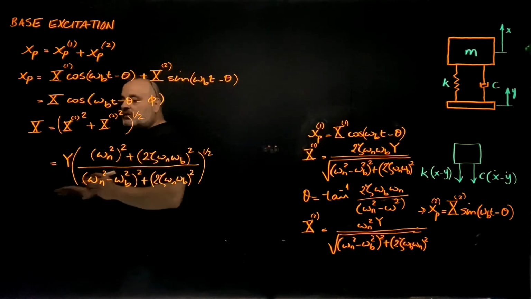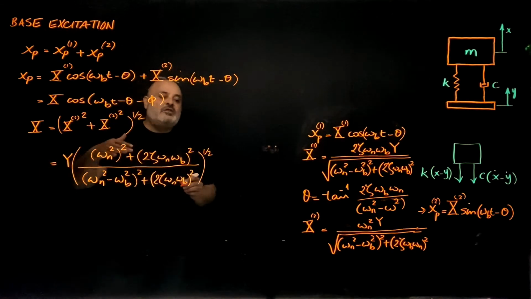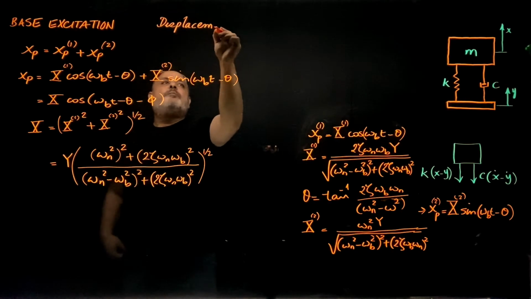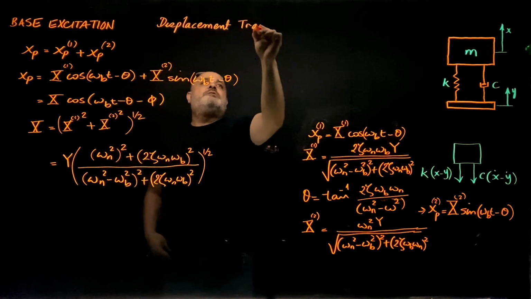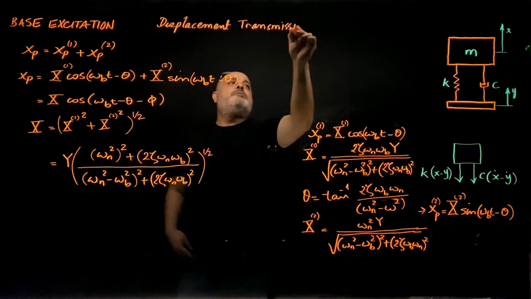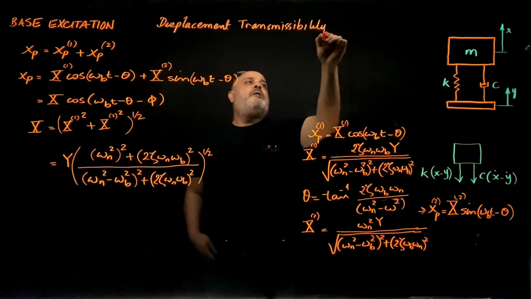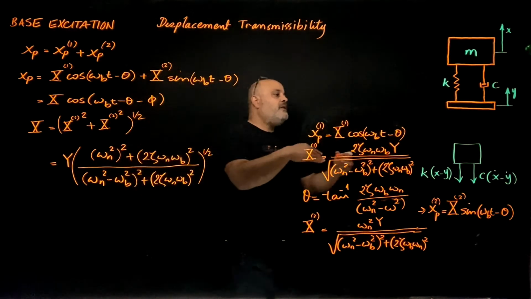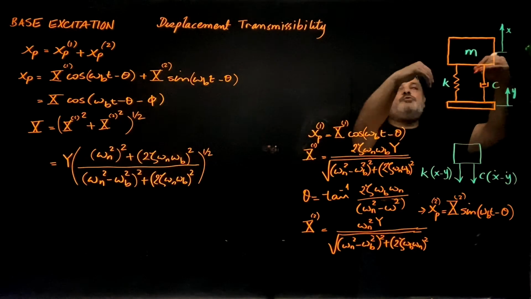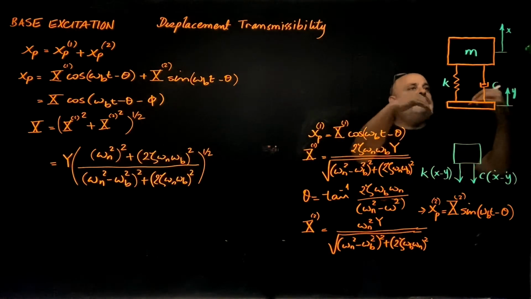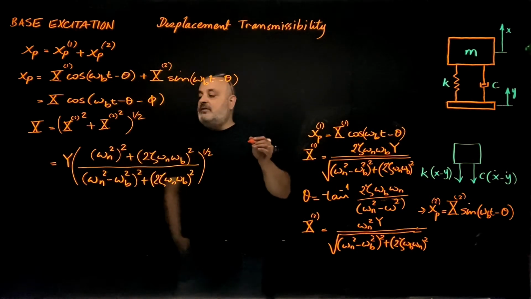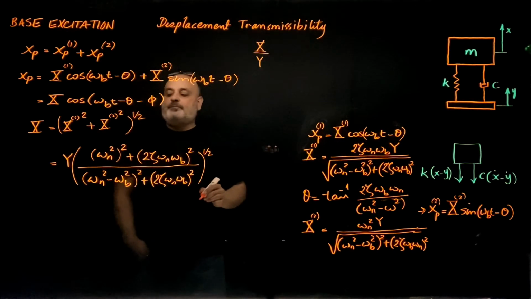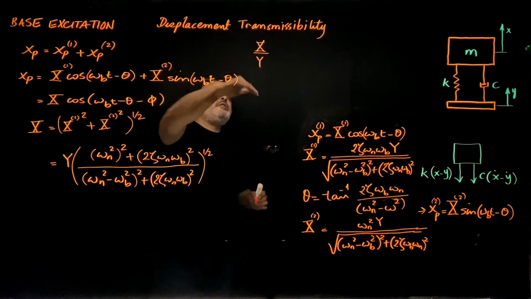Now I will define something that's called distance or displacement transmissibility, which is how much of the displacement of the base is transmitted to the mass itself, how much of y is transmitted to x, and this is going to be defined as a ratio, x divided by y, the percentage of x relative to y.